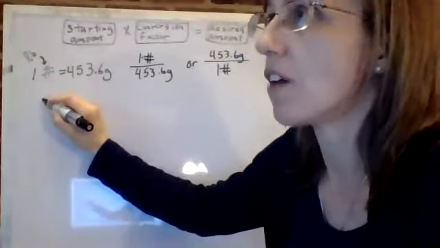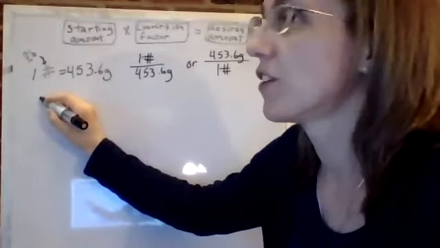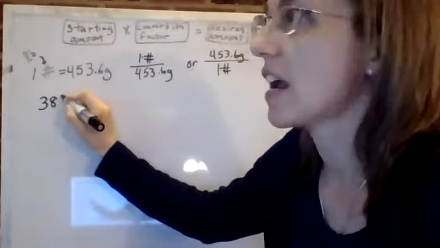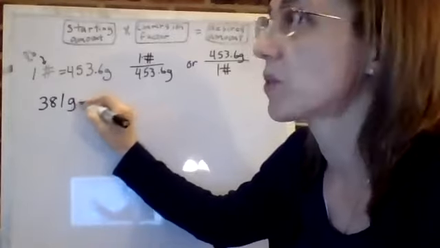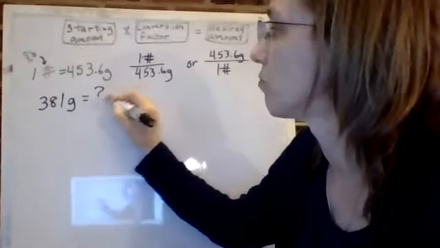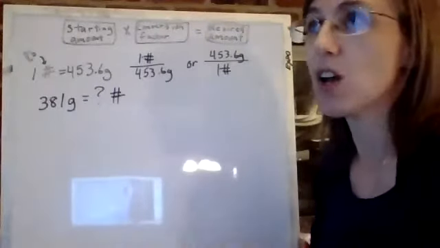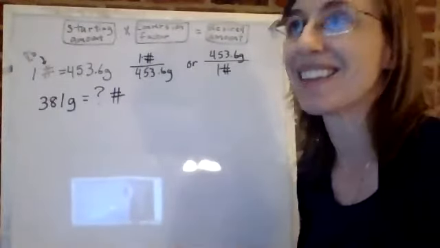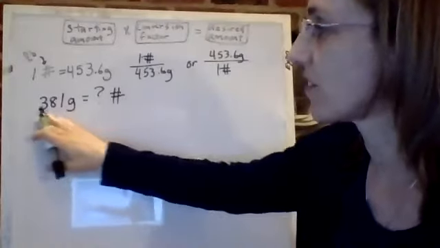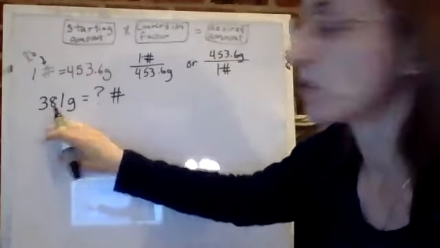So our first example, it says convert 381 grams to pounds. So it's asking how many pounds is that? So you're going to start off with the thing that's not the conversion factor. The thing that's not the conversion factor in this problem is the number of grams.